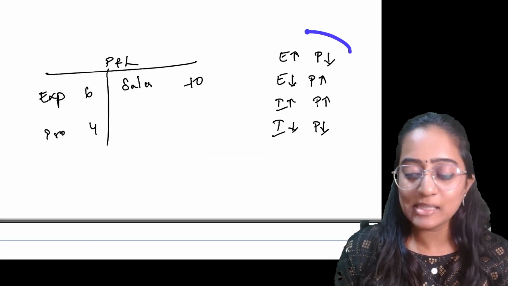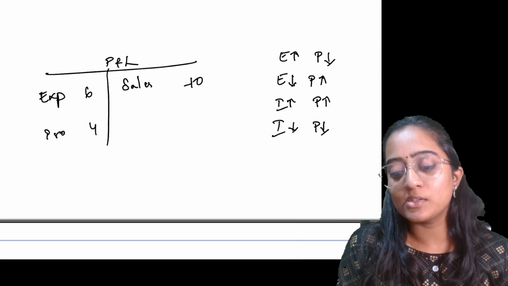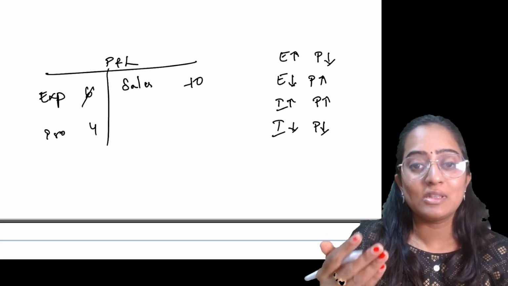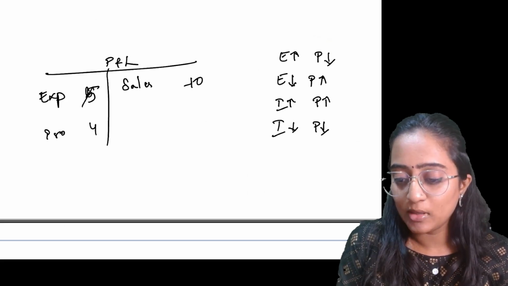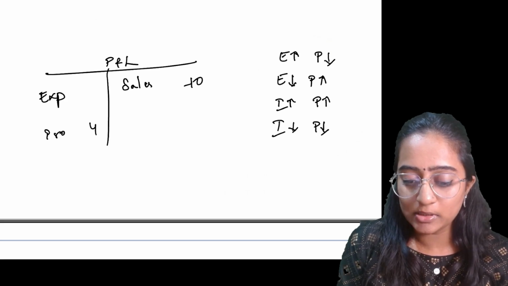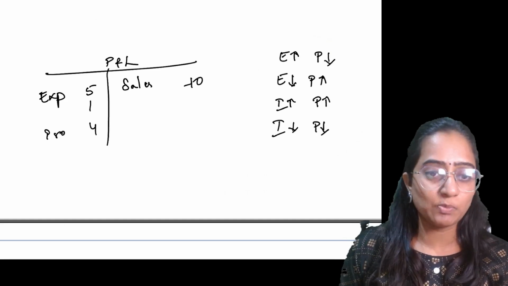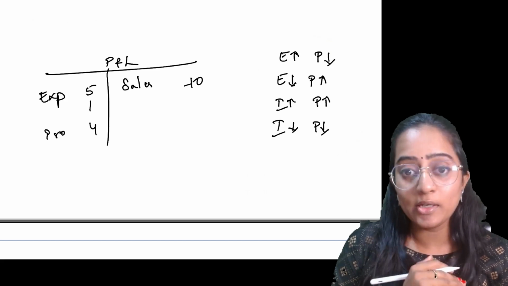Now, the same effect. If expenses have been allowed as per your P&L account, suppose let's consider there are expenses of 6 which you are recording here. Suppose this expense of 6 is split as 5 and 1. Let's take an example: 5 is one expense and 1 is another expense, where total expenses are 6, which is allowed as per your P&L.